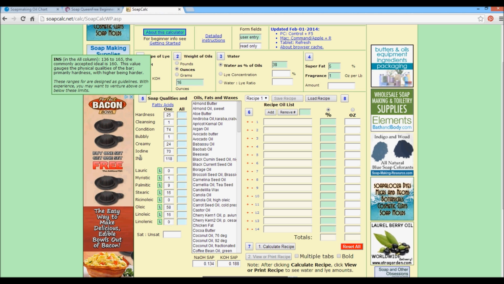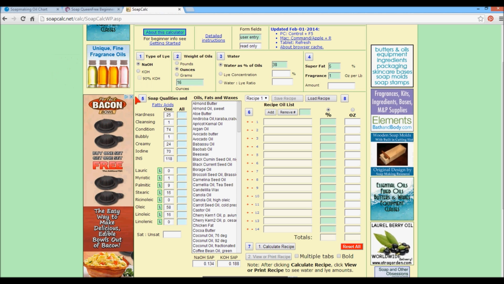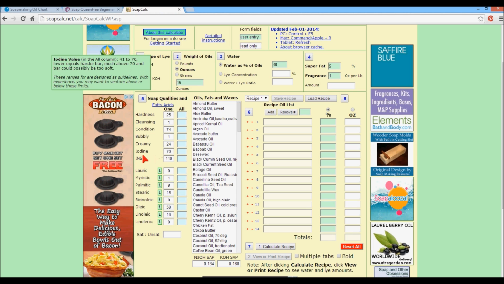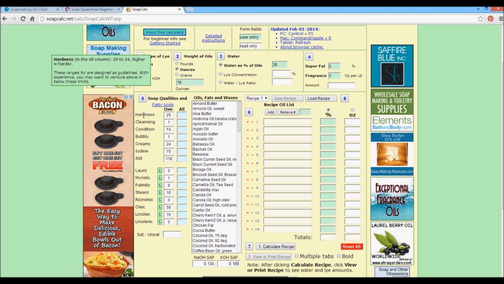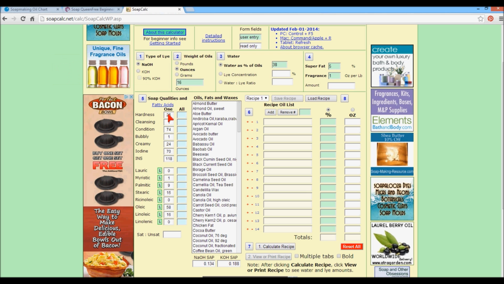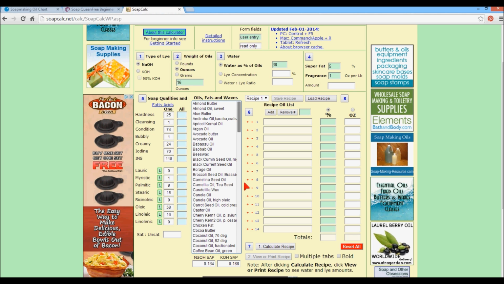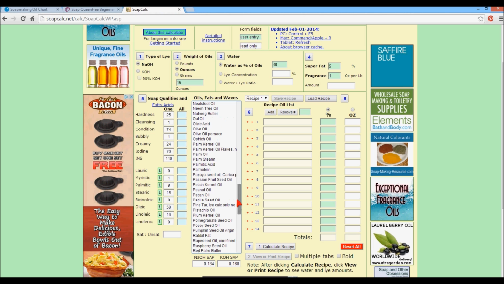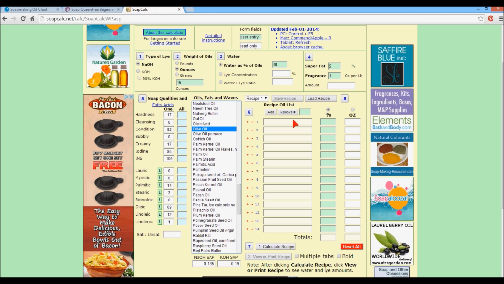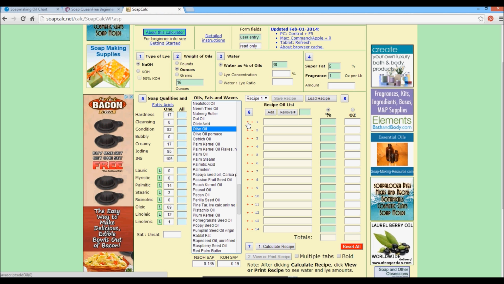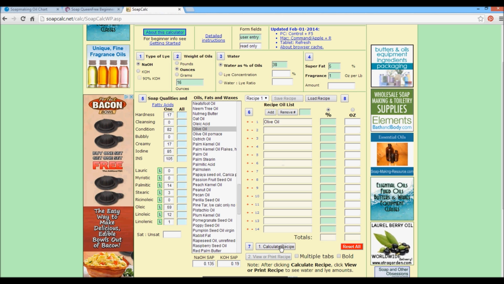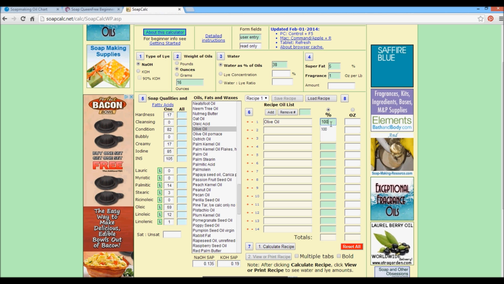Something else that I want to mention about these is that a lot of people tend to think that these numbers, like here for instance, let's do olive oil, and let's put it in here because that's a good base oil, and calculate 100% of our recipe because it's just one oil.